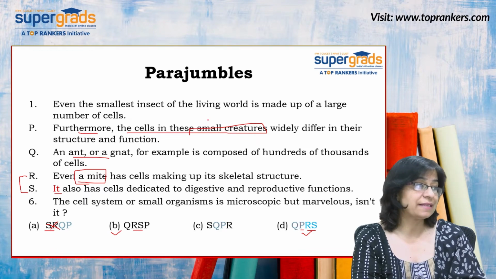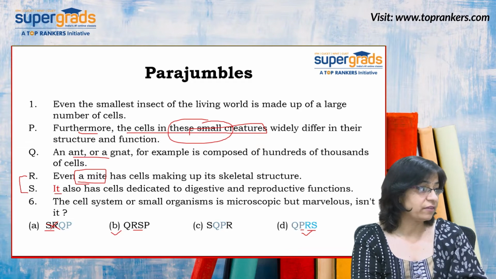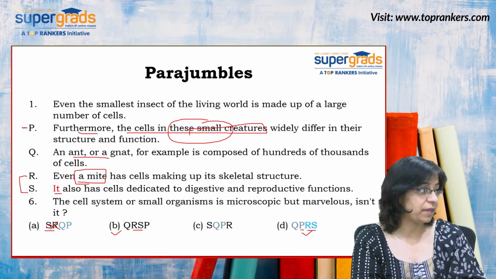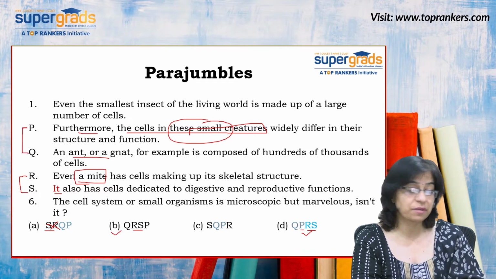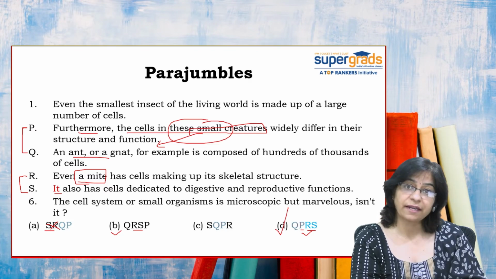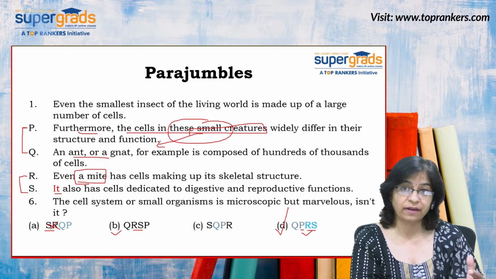Furthermore, the cells in these small creatures now widely differ in their structure and function. An ant, a gnat, for example. P and Q also look like mandatory paired sentences, because they are again exemplifying the small creatures. So, it's option D that's satisfying all the conditions and is looking like a good paragraph in shape.